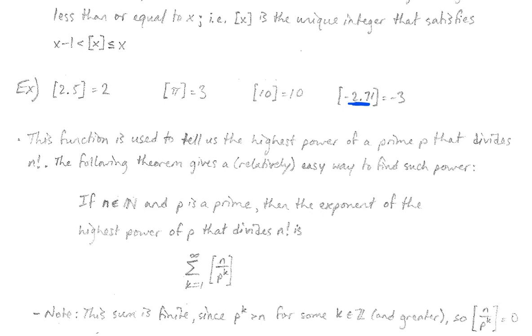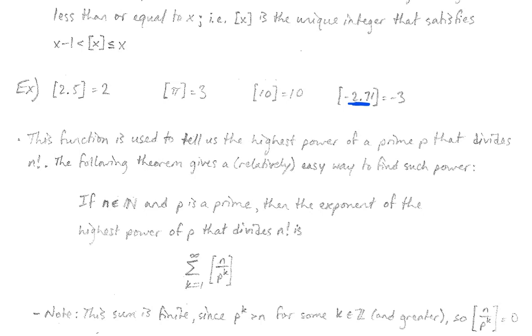And if you take the floor, the largest integer that is less than or equal to something between 0 and 1, you're always going to get 0. So once you hit that point, you just end your sum there, because any terms after that are just going to give you zeros. So while the formula states that the sum is not finite, in reality, your sum is indeed finite.